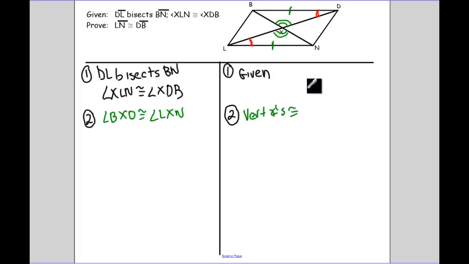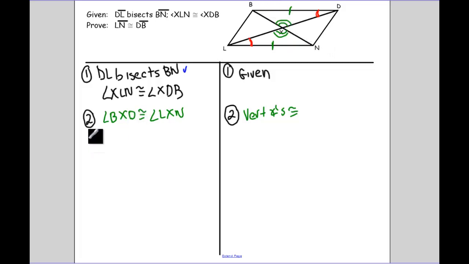Now, if I could get another side congruent, let's look at this first part of this given. DL bisects BN. So this segment DL is going to bisect BN.